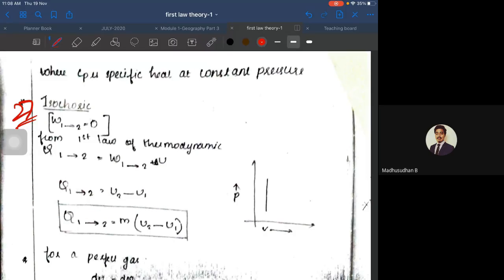Why change in internal energy? I can prove this. What is the first law applied for a process? dQ is equal to dU plus dW. Now, applying it for the isochoric process, change in internal energy is U2 minus U1 plus W1 to 2.